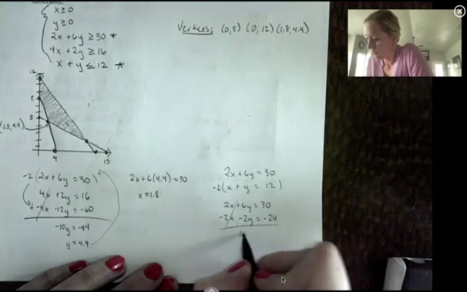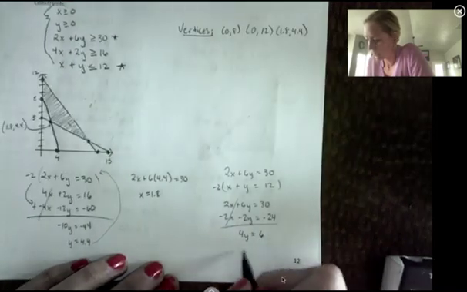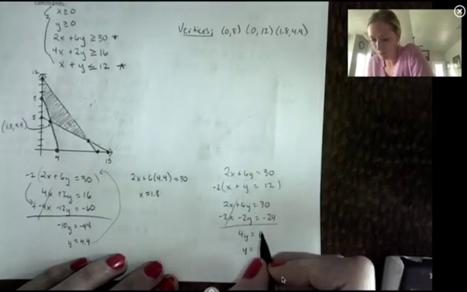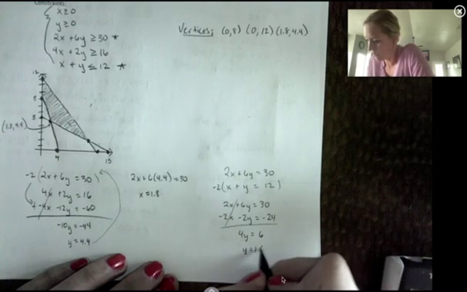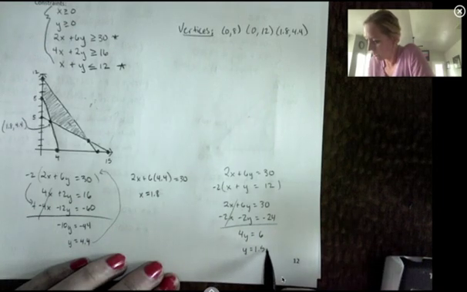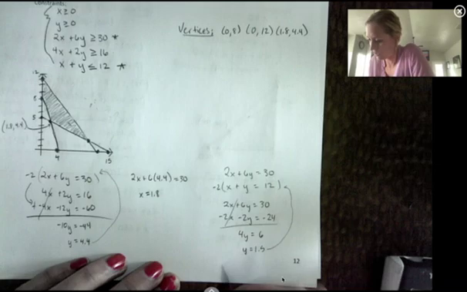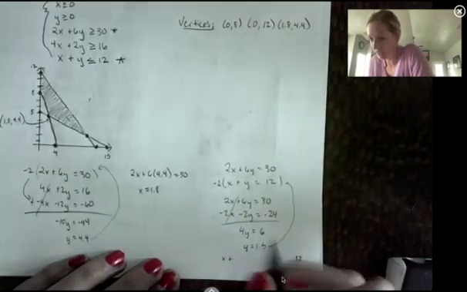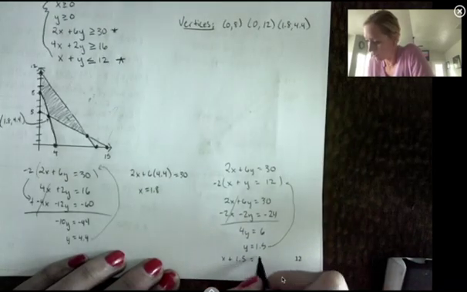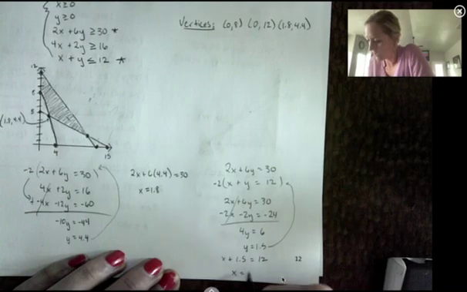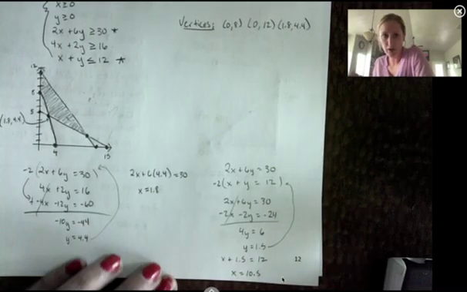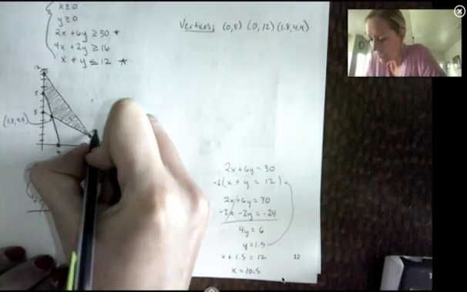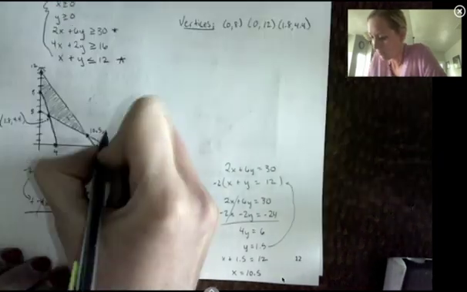The x's cancel. 4y equals 6. So y equals 1.5. And if I plug that one back in, I'm going to do the bottom one just because it's a little easier. So I got x plus 1.5 equals 12, so x would be 10.5. So this point then here is 10.5, comma 1.5.